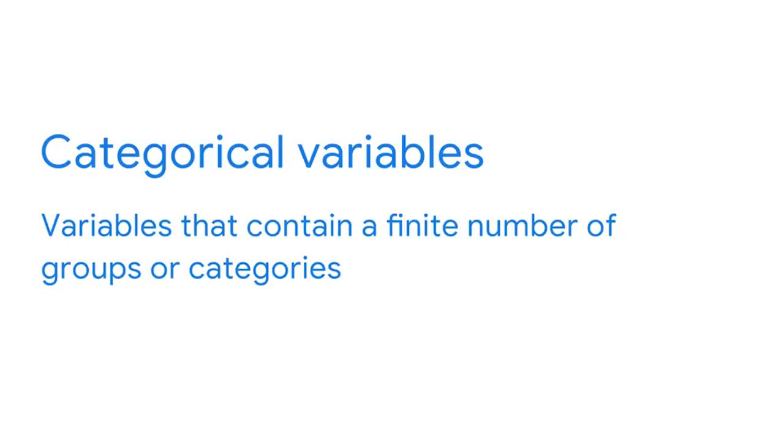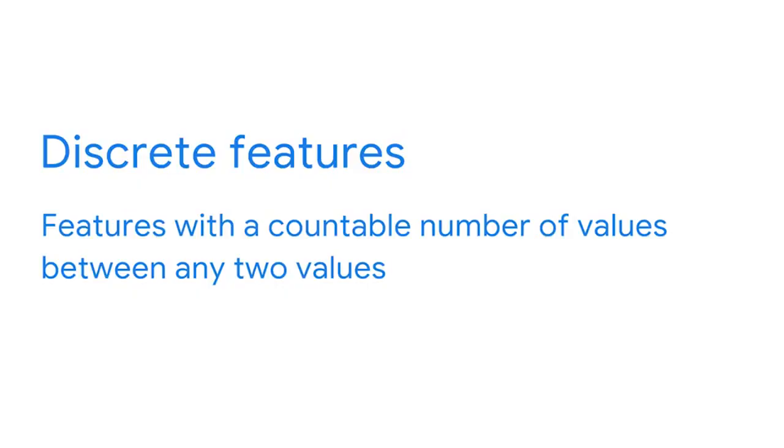Rather, categorical variables contain a finite number of groups or categories. For example, you might use a categorical variable to classify a vehicle type, like car, motorbike, or bus. Next, there are discrete variables, which have a countable number of values between any 2 given values. In this way, discrete variables are unlike continuous variables, which are uncountable and have an infinite set of values.